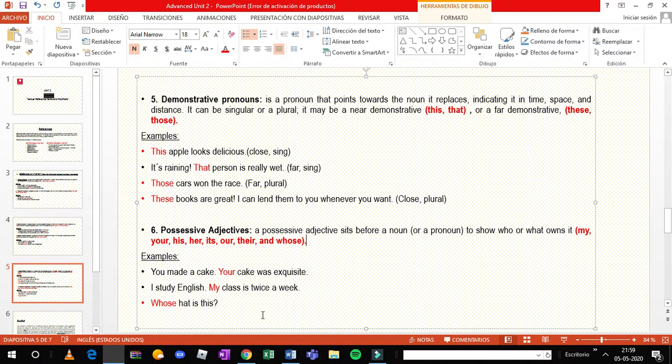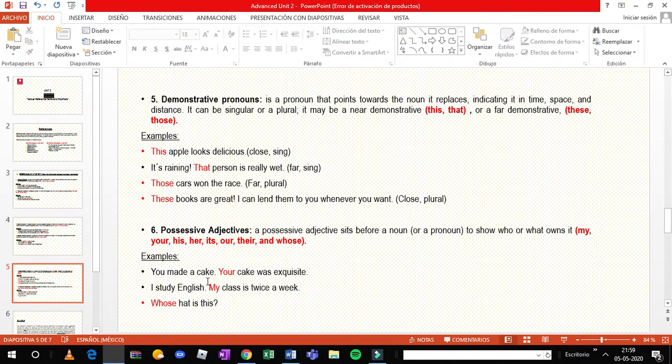For example, you made a cake. Your cake was exquisite. In this case, your cake has a context before, and I know that you were the one who made the cake. So I know that this person is referring to your cake.